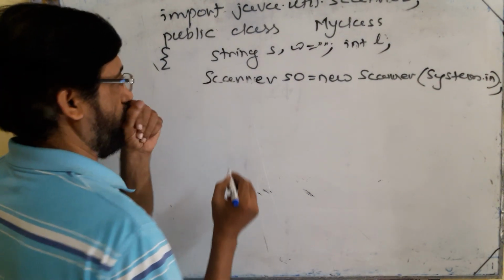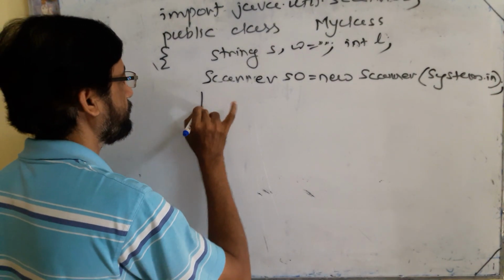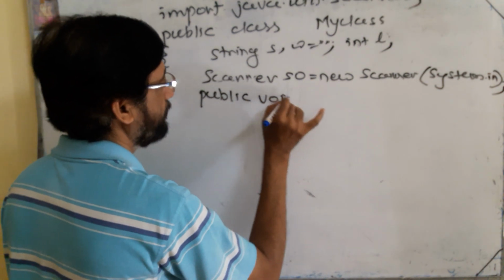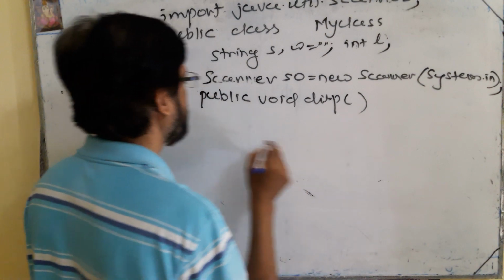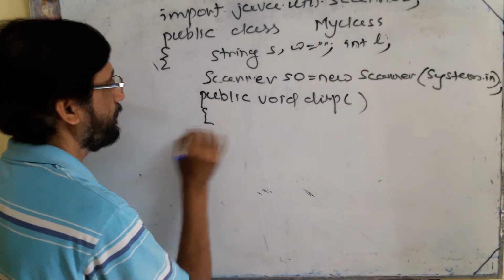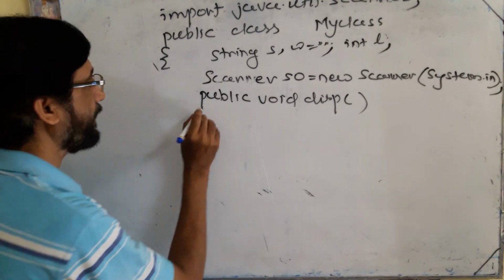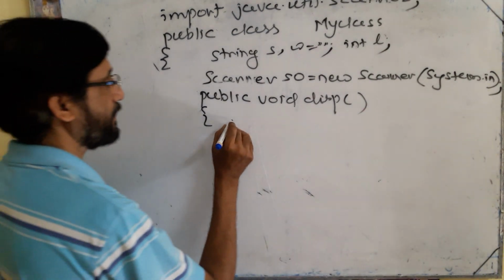So create the Scanner object, then start the method. Public void display. So I am taking display as the method name. You can take any other method name you like. Okay, now time to input the string.